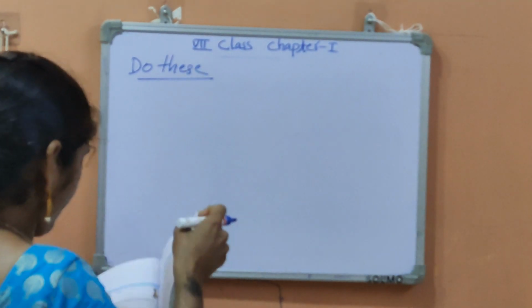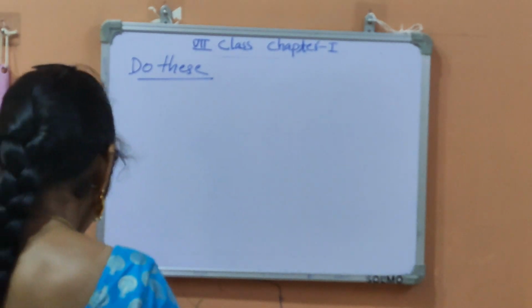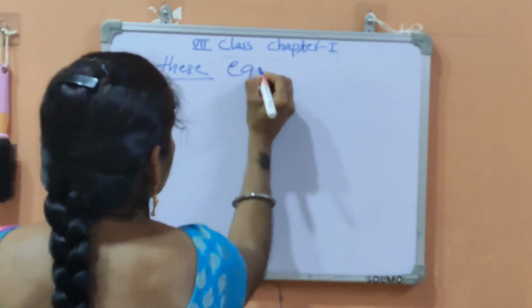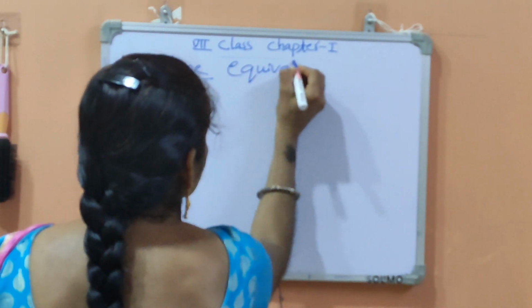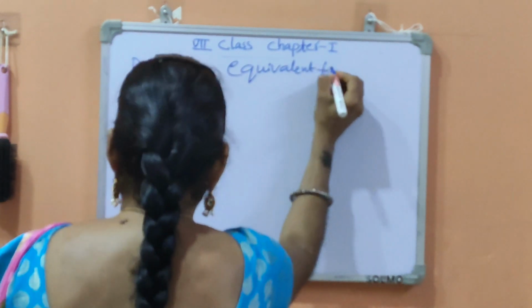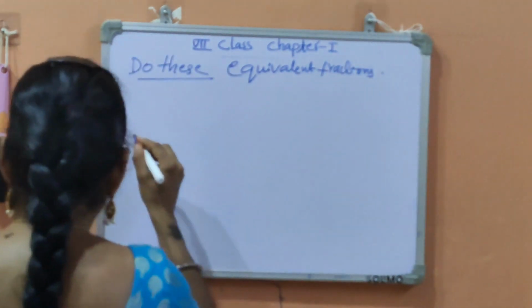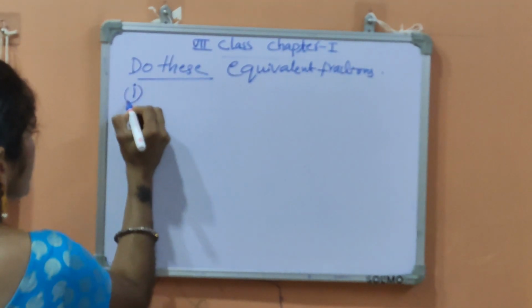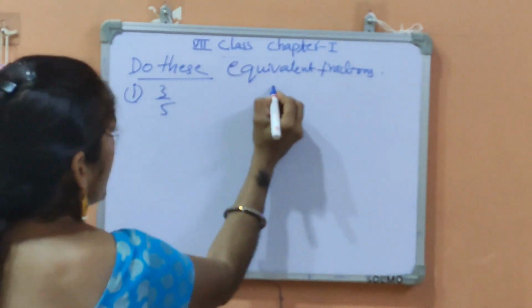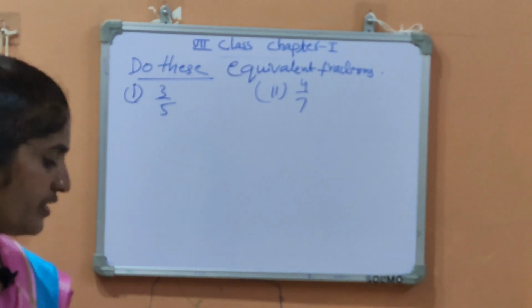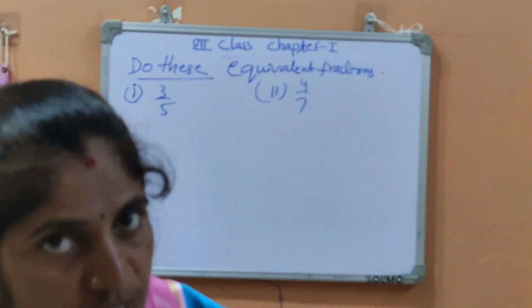So we are going to write equivalent fractions. The first one is 3 by 5 and the second one is 4 by 7. So write any 5 equivalent fractions.